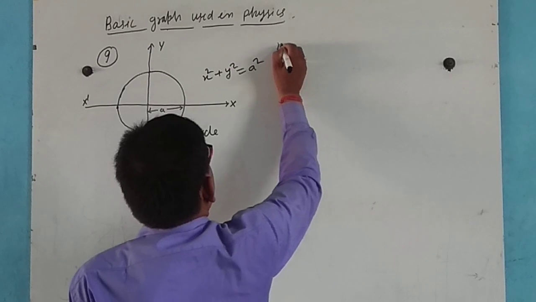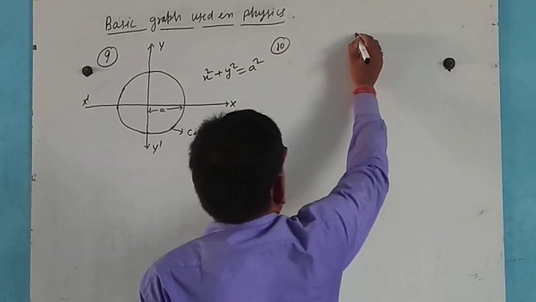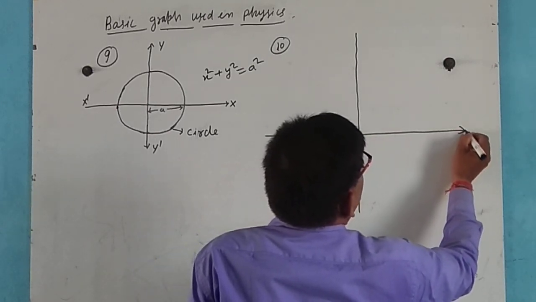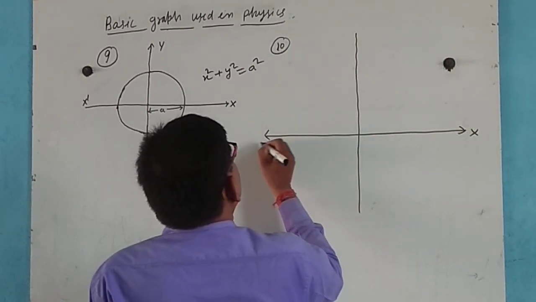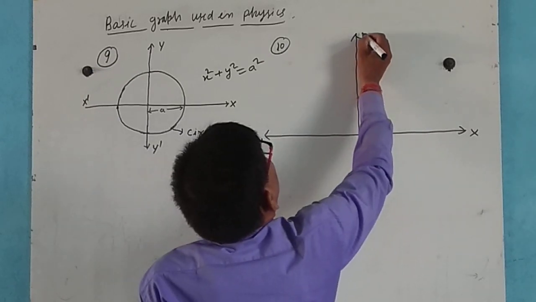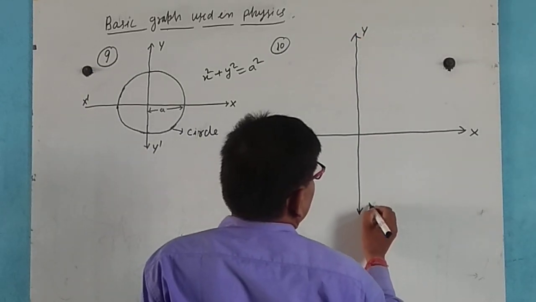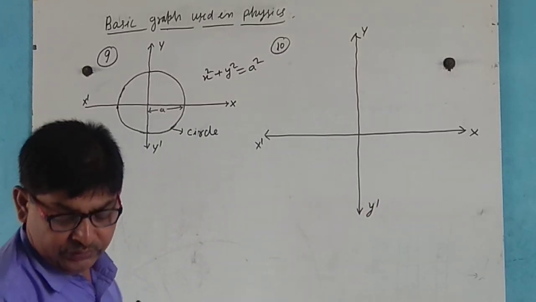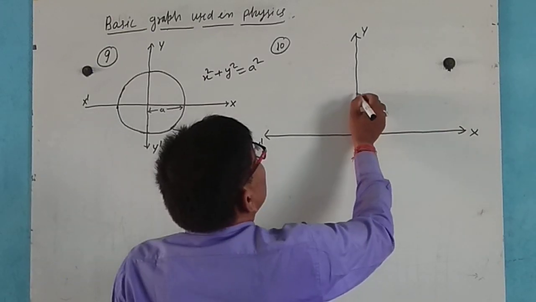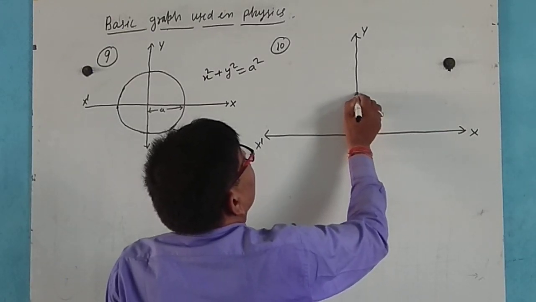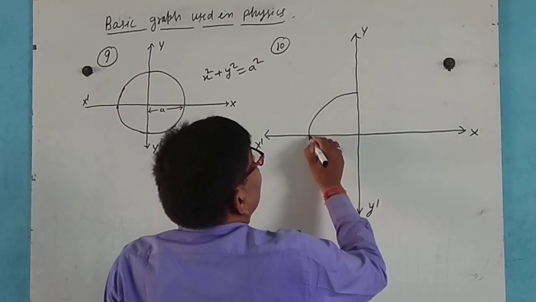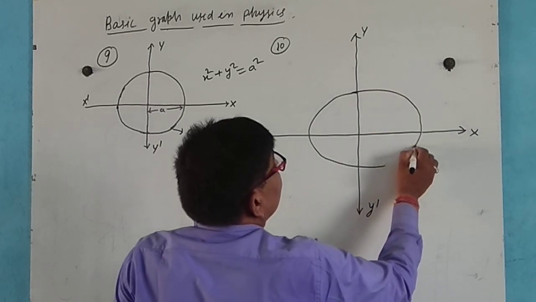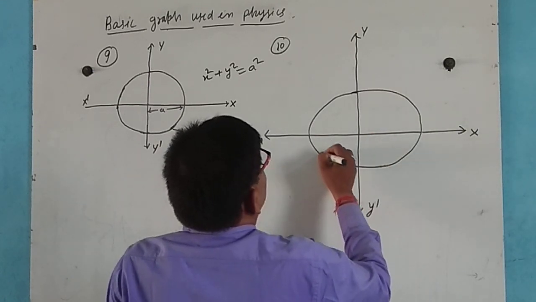Now this and this is x dash, and here y and y dash. Now we take such type of figure.